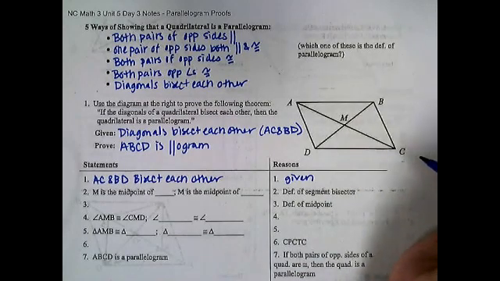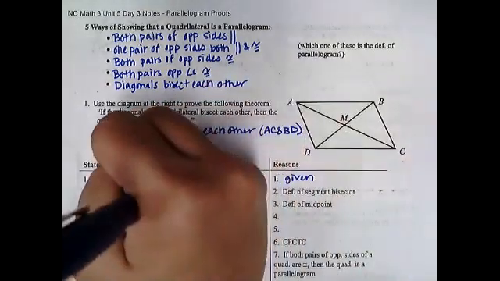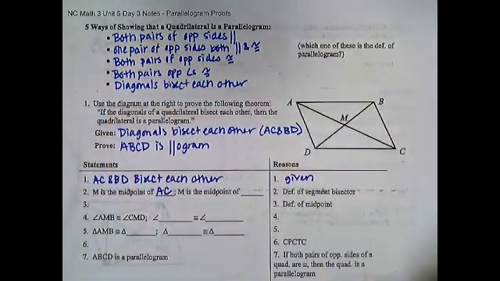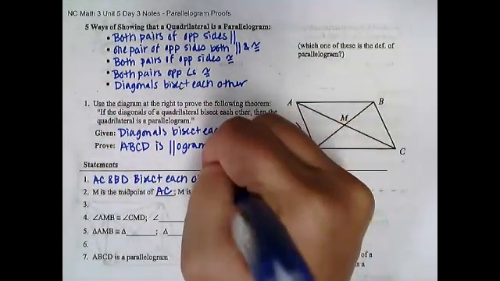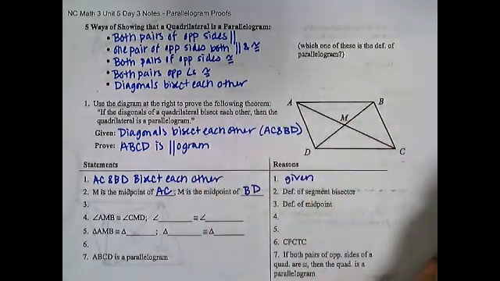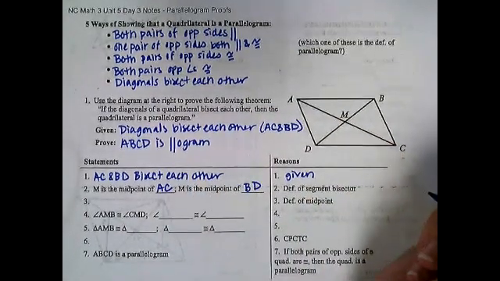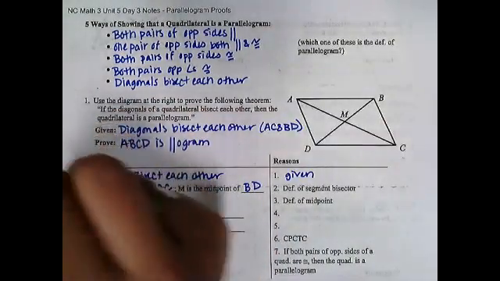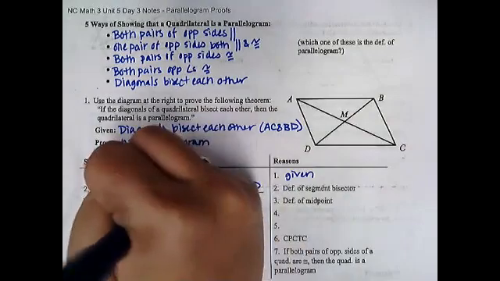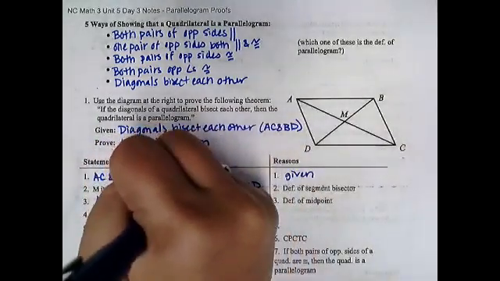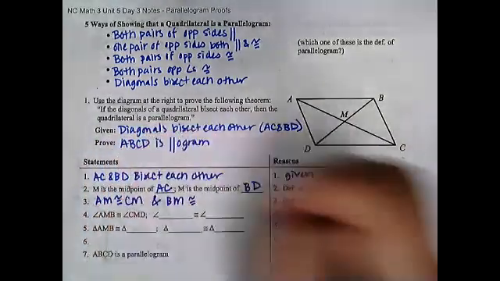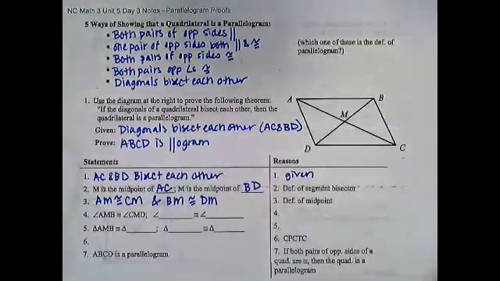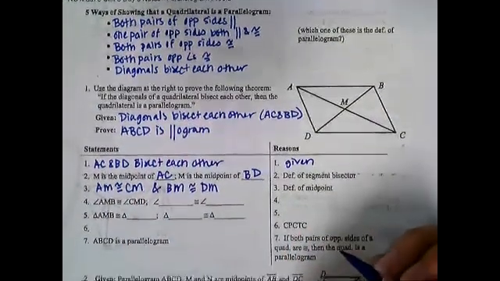So if they bisect each other, then M is the midpoint of AC and M is the midpoint of BD. Since that's the midpoint, that makes AM congruent to CM and BM congruent to DM. That is the definition of a midpoint.